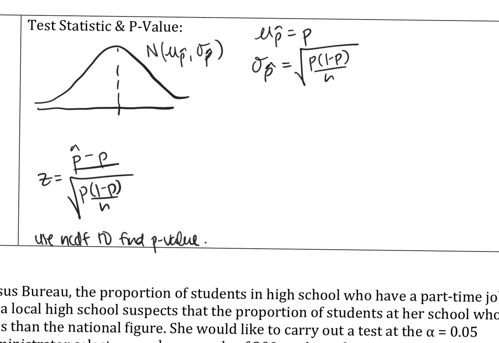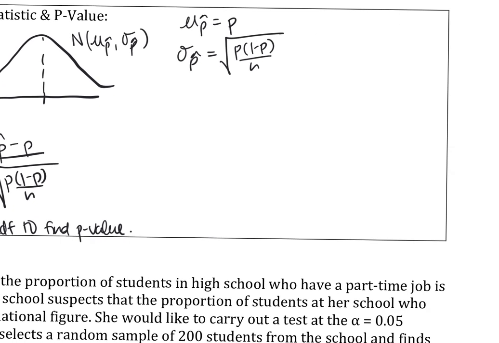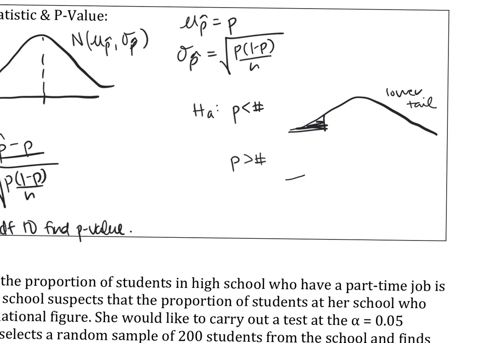All right, now let's look at one other thing very quickly, which is what I just mentioned last. For your alternate, if p is less than a number, you're looking at a lower tail test where more extreme values are going to be in the lower tail. If p is greater than a number, you're looking at an upper tail test where more extreme values are in the upper tail.